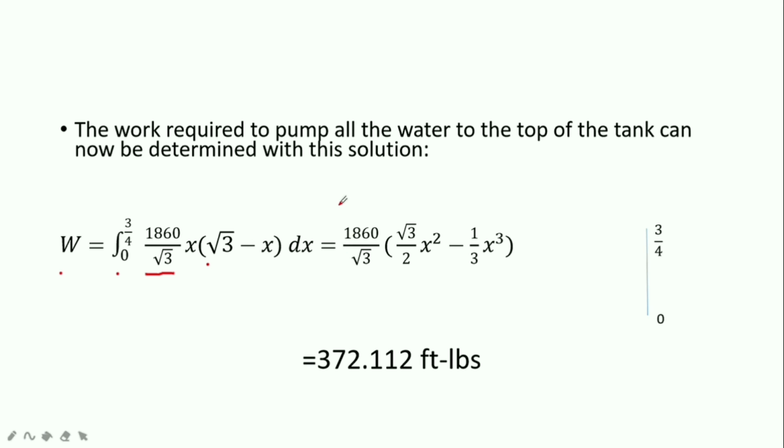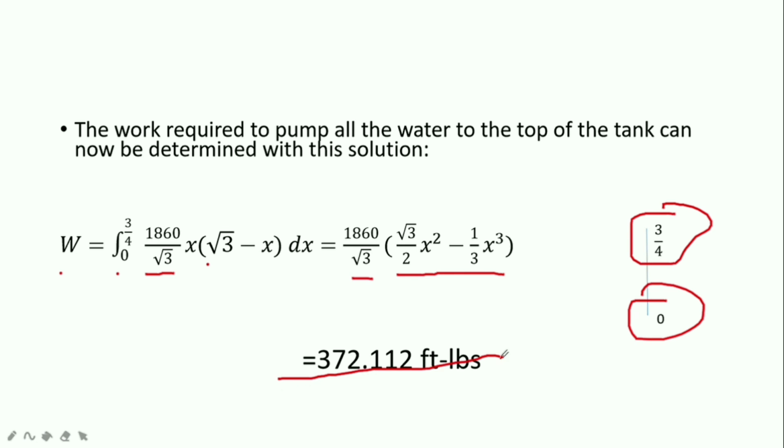Then we have this second process, which is 1860 over square root of 3, and we have the function here, square root of 3 over 2 x squared minus 1 over 3 x cubed. Then we have the upper and lower limits, which are 3 over 4 and 0, and that will give us the total answer of 372.112 foot-pounds.